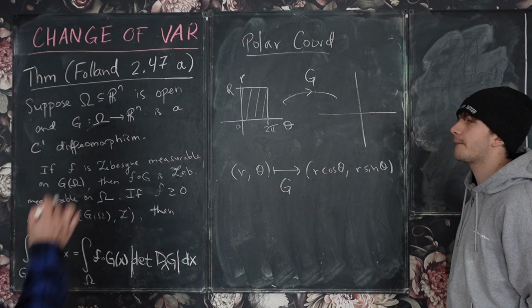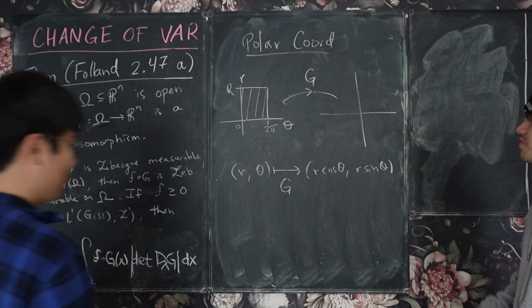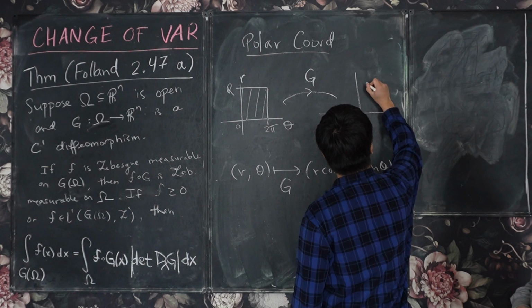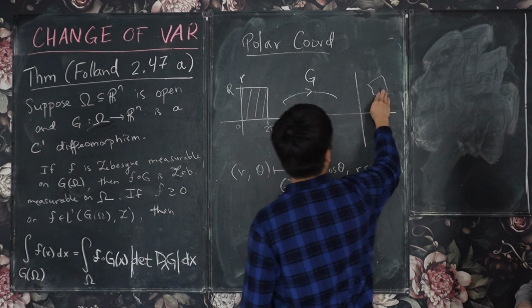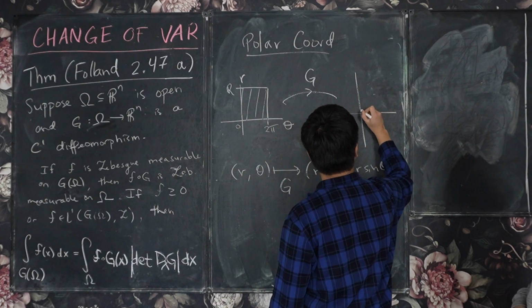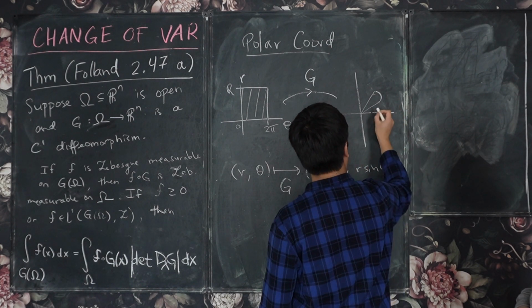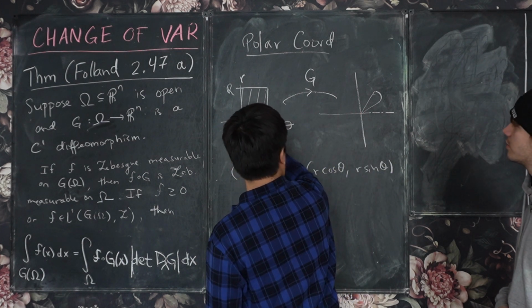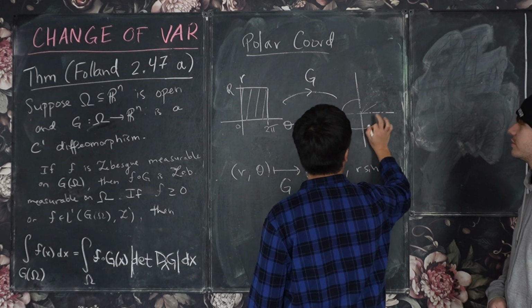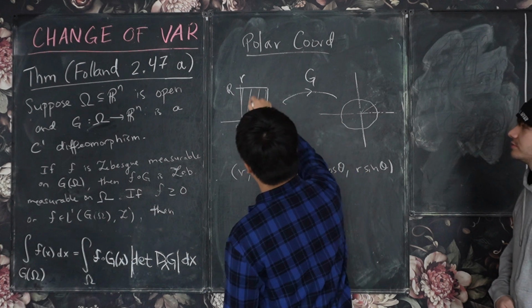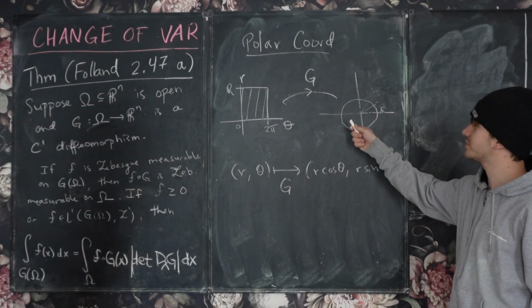Theta from 0 to 2 pi, so it's a circle. So it's going to map it into a circle of radius R, exactly.